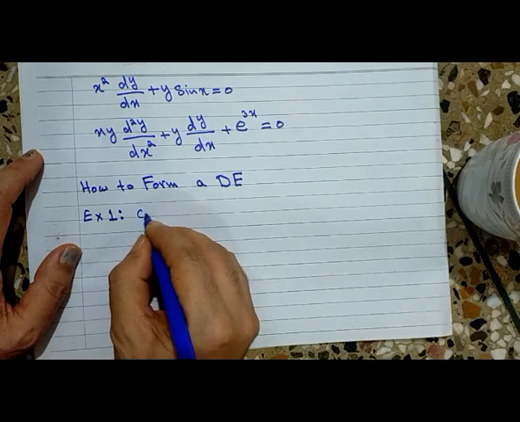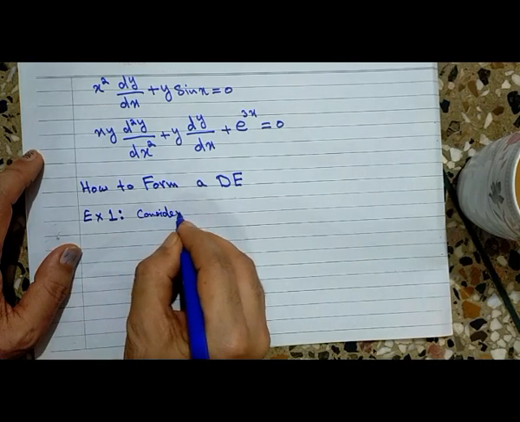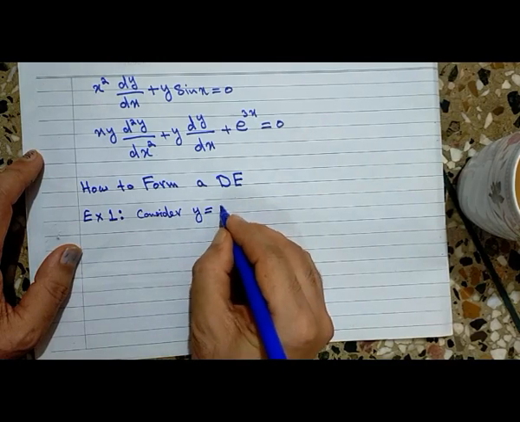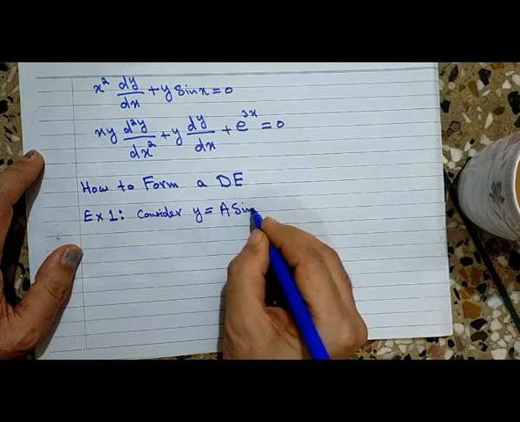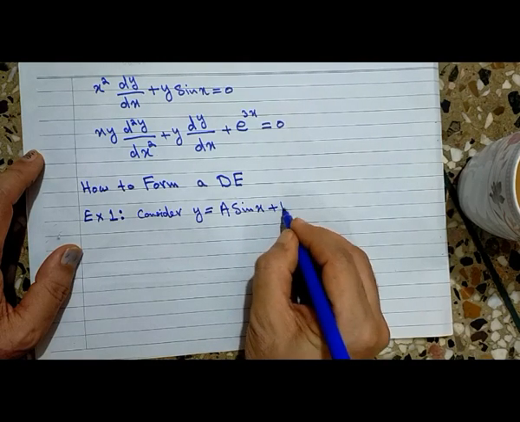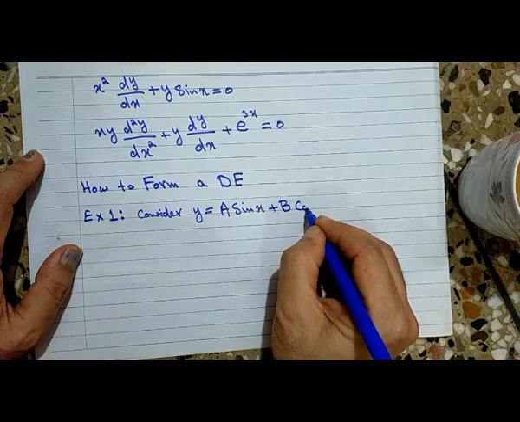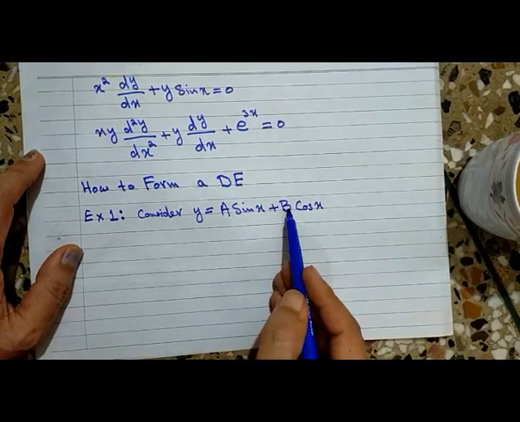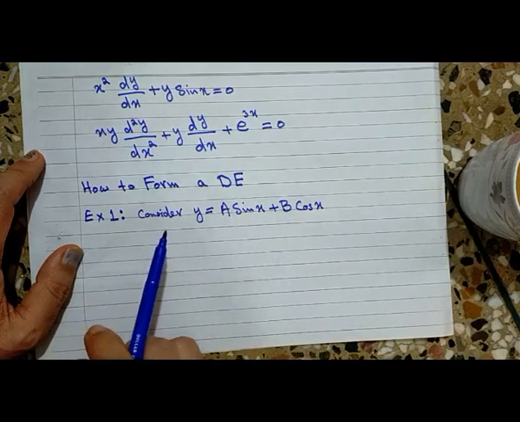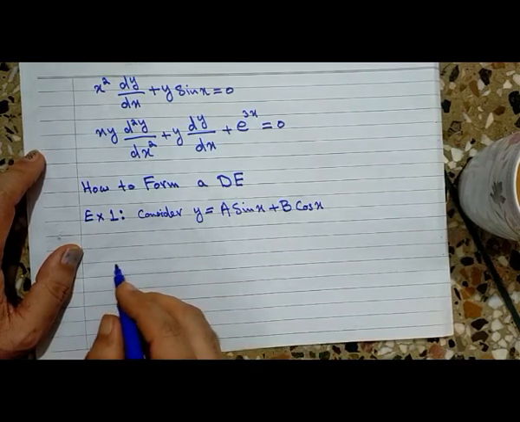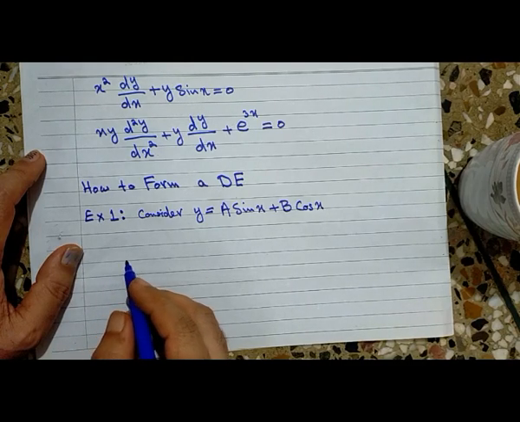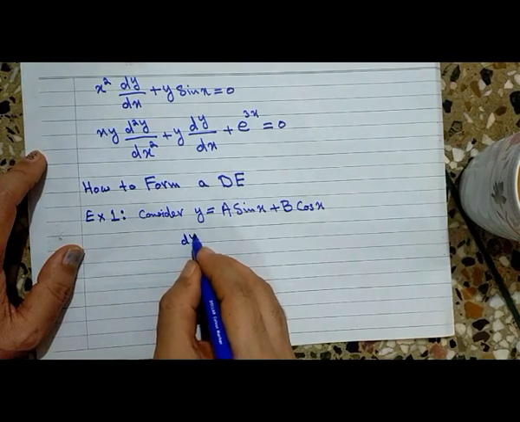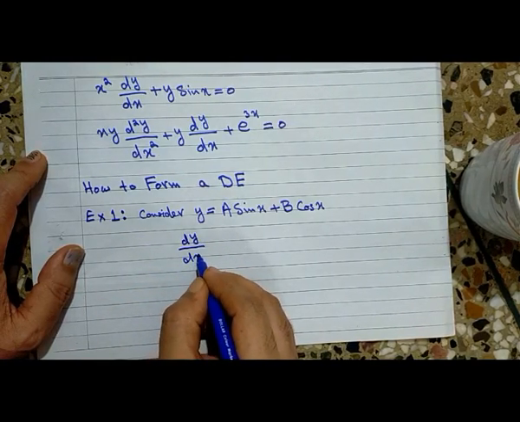Consider a function y equals a sine x plus b cos x, where a and b are arbitrary constants. Now, if we differentiate, we get dy by dx.